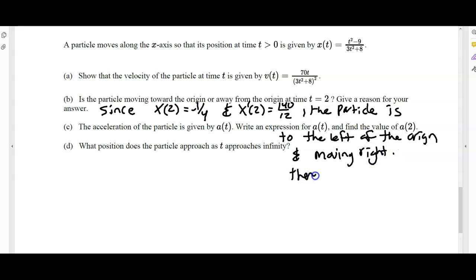Therefore, it's moving towards the origin.